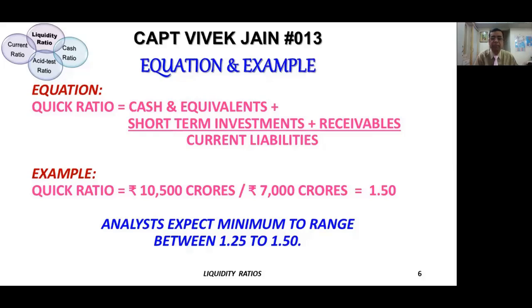So in the same example, the 12,000 crores of current assets has been reduced and it has become now 10,500 crores, whereas the current liabilities remain the same, 7,000 crores. And the quick ratio works out to 1.50. Good financial analysts expect a minimum quick ratio of a company to range between 1.25 to 1.50. Now, very good companies have high ratios.